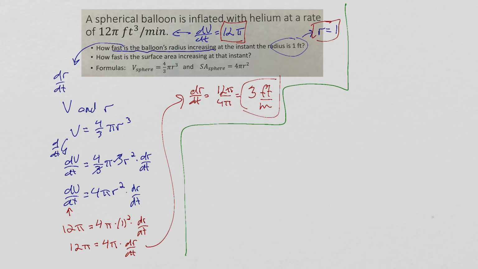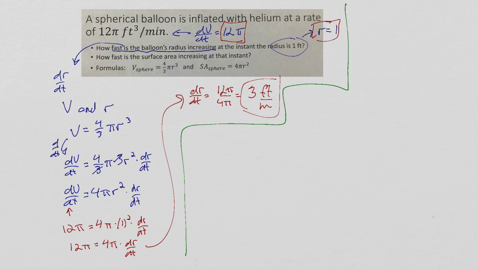All right, now I'm going to do the second bullet point. This asks how fast the surface area is increasing at that same instant. We're allowed to use the information from the previous problem. So we look at what we have and what we need, going through the same process as the previous one.